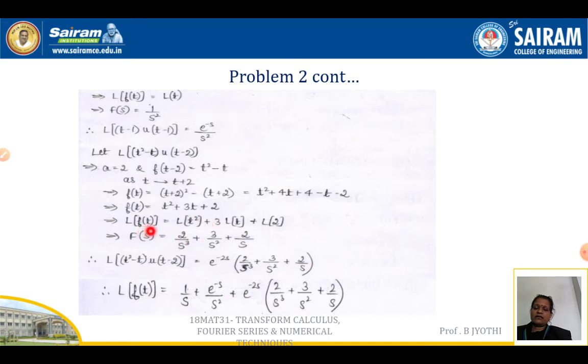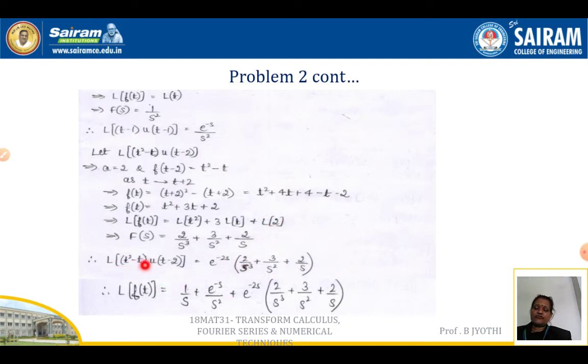So apply the Laplace transform on either side. We will get L of t square plus 3L of t plus L of 2. So it will be 2 divided by s cube, that is for L of t square, and 3 divided by s square for L of t, and L of 2 is 2 divided by s.